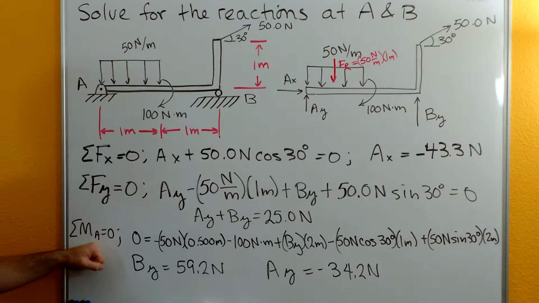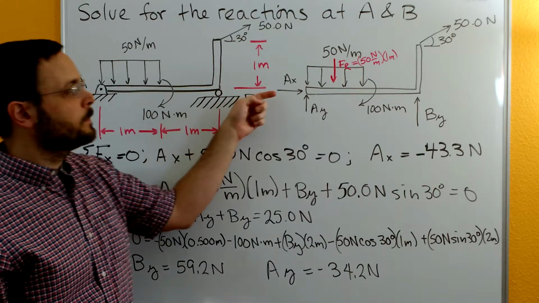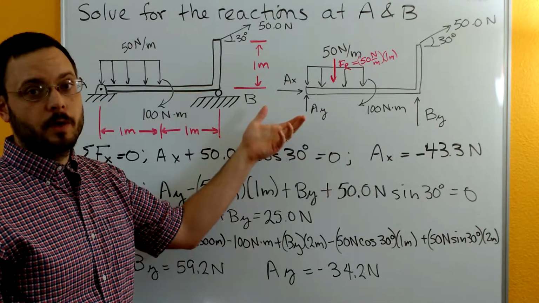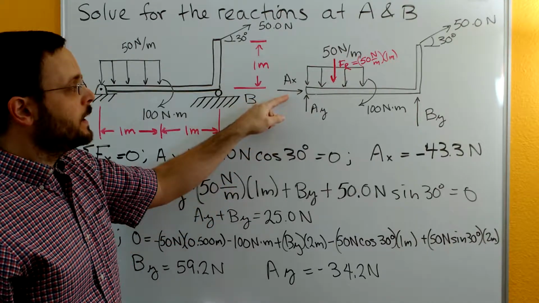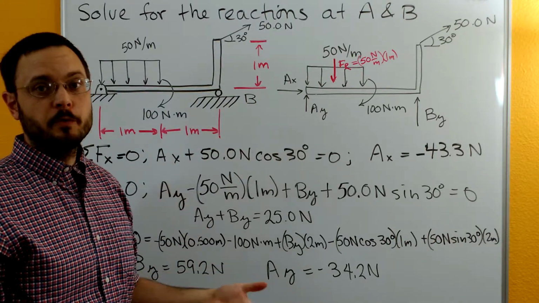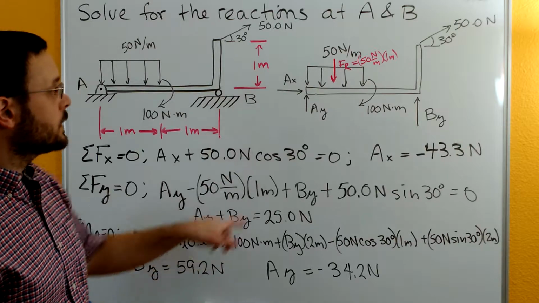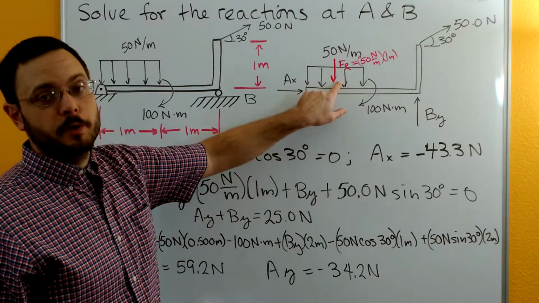And then let's do sum of moments about A. So when we do sum of moments about A, any force that goes through A can't create a moment about A. So AX and AY both go through A, and so they can't contribute any moment. Let's look at this distributed load force.